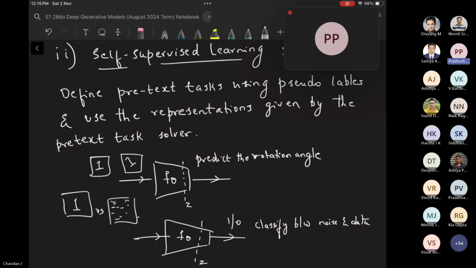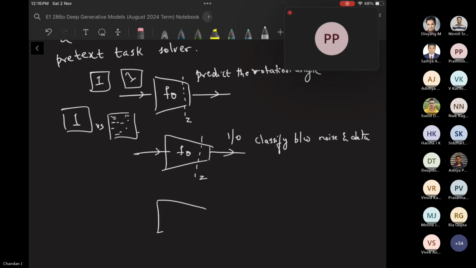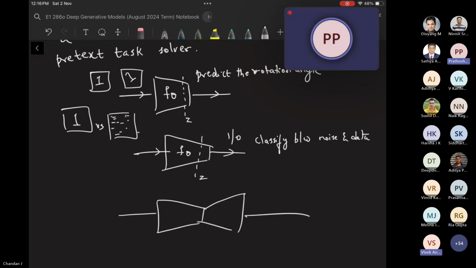I just gave you two examples. The other example is that you take an input image and just mask it and reconstruct the image back. This is called masked autoencoding. This is what is used in BERT kind of models, masked sentence prediction.